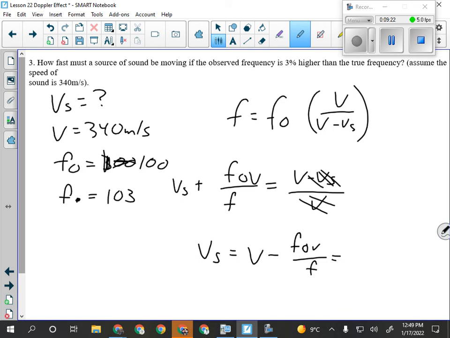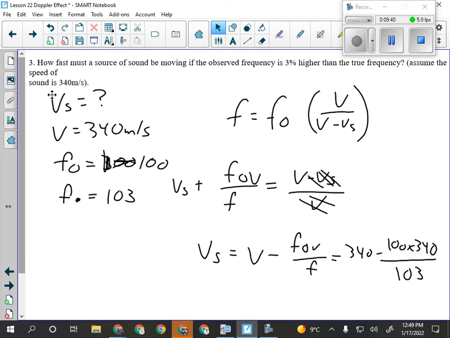So that'll be 340 minus 100 times 340 divided by 103.